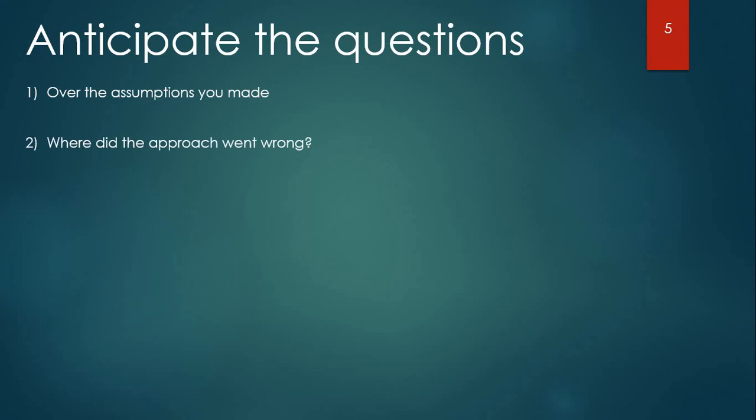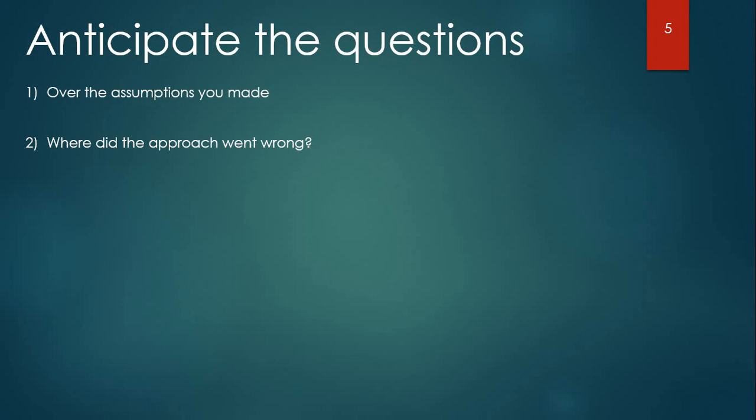Another question which can be asked is where did the approach go wrong. These are basically asked when you are getting a number way off than the anticipated number. So let's say you have predicted 20k now, but the number is way higher or way lower compared to the predicted one.